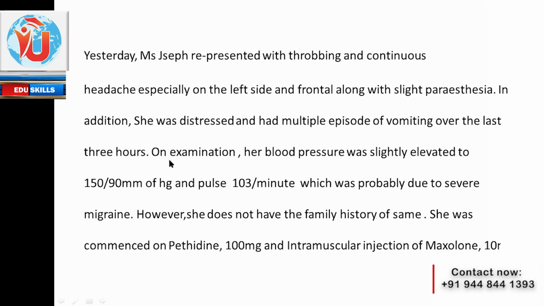On examination, her blood pressure was slightly elevated to 150/90 mm of Hg and pulse 103 per minute, which was probably due to severe migraine. However, she does not have any family history of same. She was commenced on Pethidine 100 mg and intramuscular injection of Maxalon 10 mg.